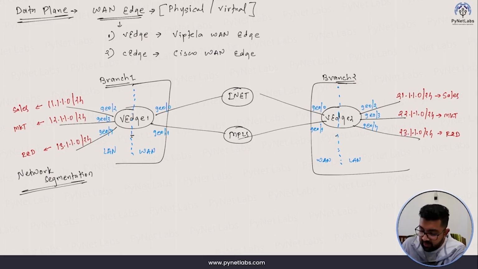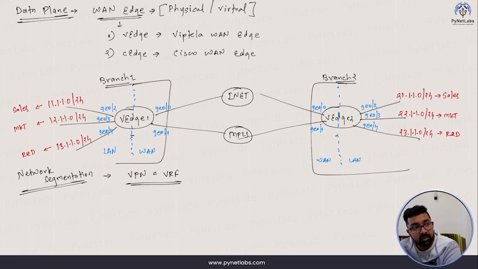So in the SD-WAN environment, the term VPN, which is virtual private network, refers to something that we know as VRF in our traditional network, right? So why do we use VRF? For those of you who are beginner to intermediate level in routing and switching, in the enterprise or the traditional network, I'll give you a scenario.